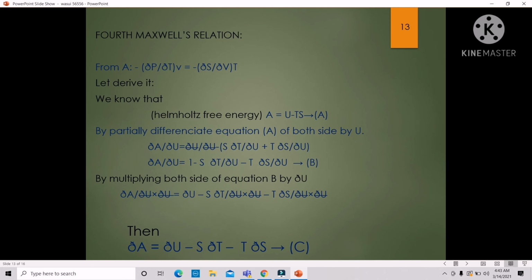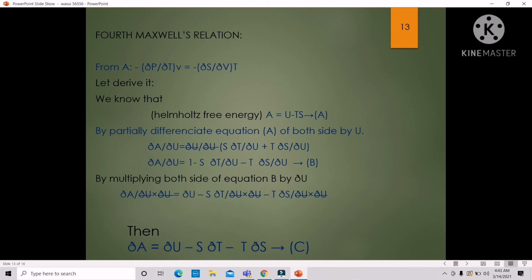Here we will discuss all about Helmholtz free energy. Helmholtz free energy is denoted by both F or A, but here we denote it A. You can use whichever suits you.